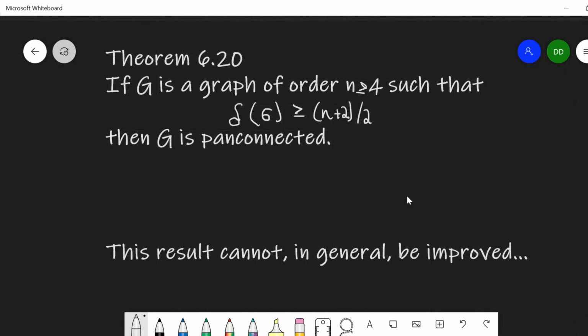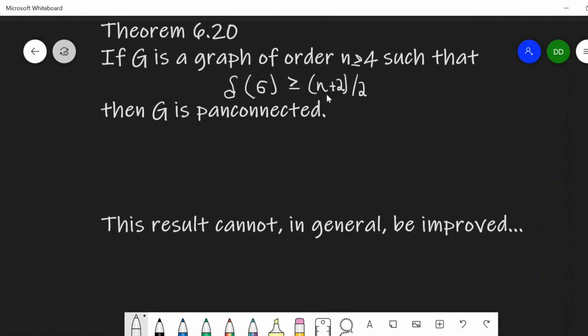So this result in general cannot be improved. What I mean by that is, can we make this any smaller? Could I make this, say, (n+1)/2 and still guarantee that G is pan-connected? The answer is no. There exist graphs with minimum degree (n+1)/2, but not pan-connected.